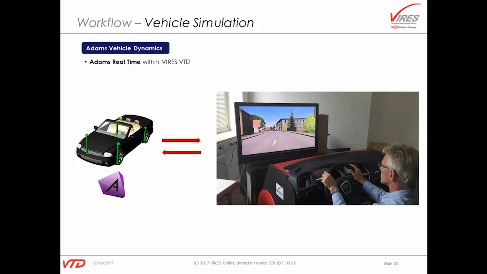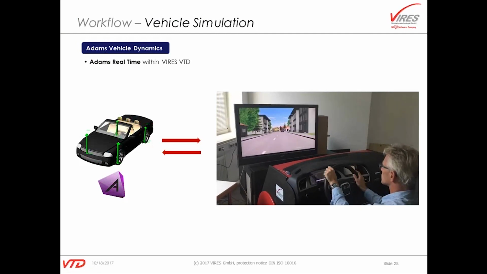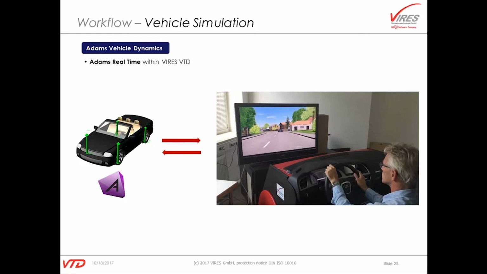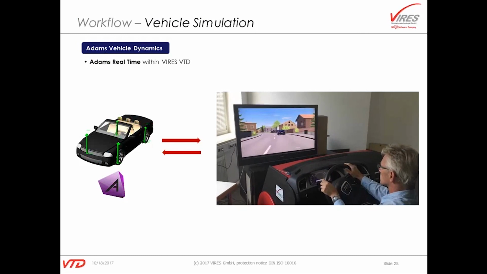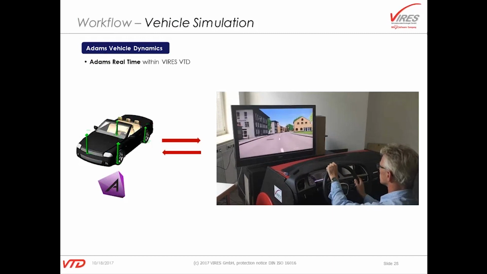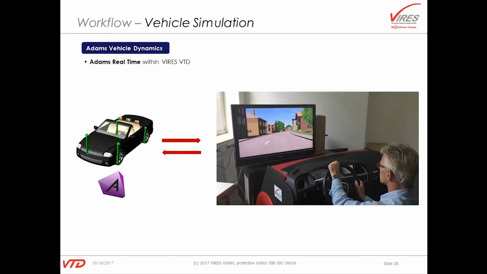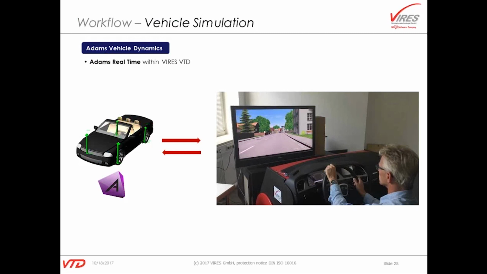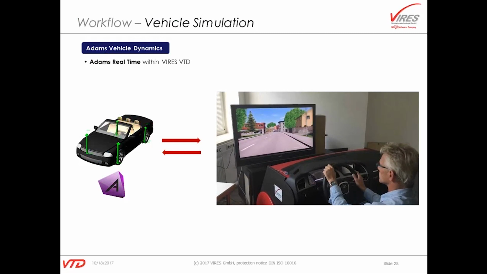You see one of our colleagues from MSC driving our simplified mock-up using Adams real-time vehicle dynamics in our VTD environment. So the synergies are not just envisaged, they are already in place.